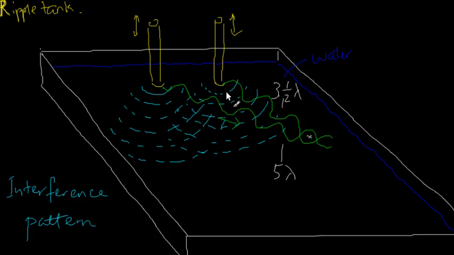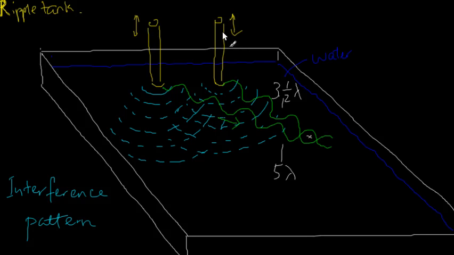Now let me very briefly mention the idea of coherence. Now these two rods, as I have mentioned, are going up and down together, meaning that when this goes down, this also goes down. When that goes up, this also goes up.